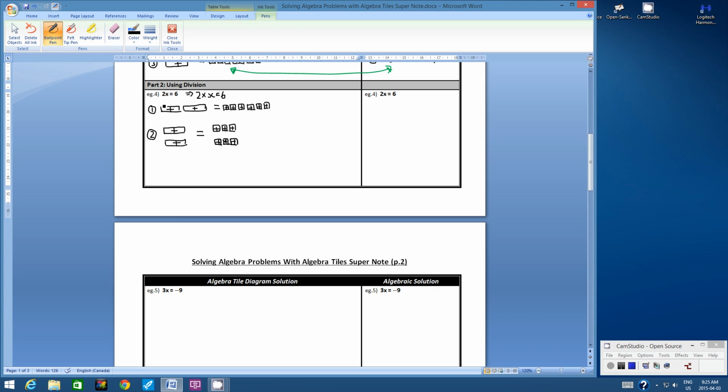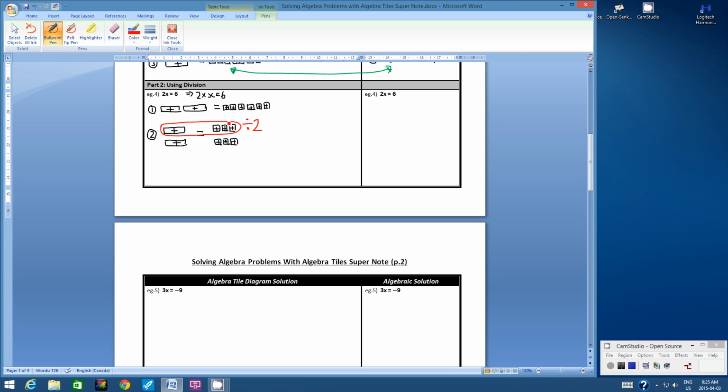So to show division in a tile diagram, this is what we do. Now there are no zero models for these. So what we do is we put a circle around this one because eventually we just want to have a 1x being alone. So what we do is beside this, we write divide by 2.